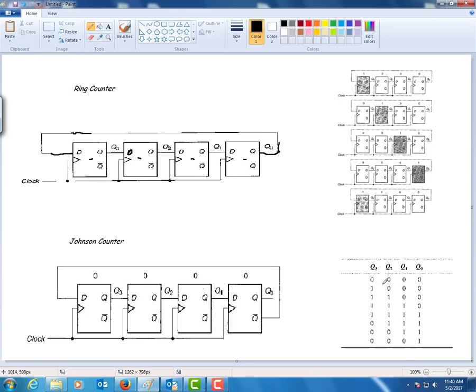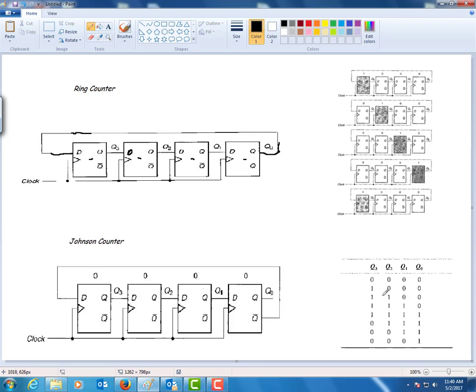So if you start with them all 0 and you clock it, remember this Q0 over here, you're coming out of the Q naught input, so it's going to output a 1, right? Well, guess what? That 1 is going to come all the way around and be here at the beginning. That's just what it shows here.